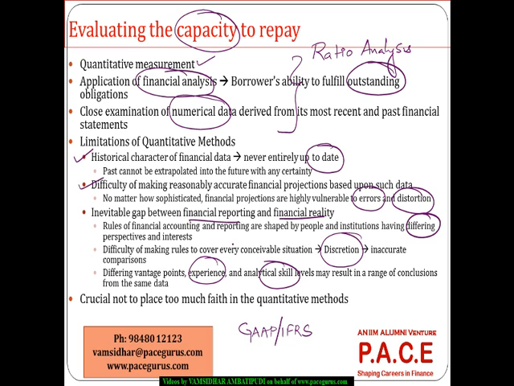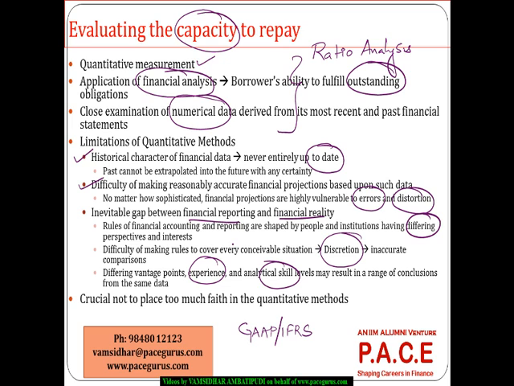So that is where the quantitative models will have their own limitations. Which means while doing the capacity assessment, though quantitative assessment is an important part, I can't rely 100% only on the quantitative numbers.